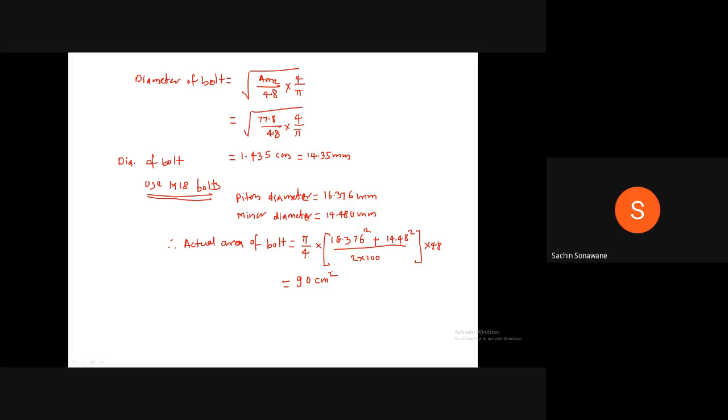Therefore, we will calculate the next area, that is AB. AB is equal to 2 pi into YA into G into N divided by FA.